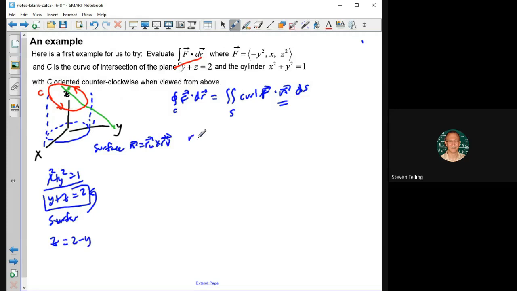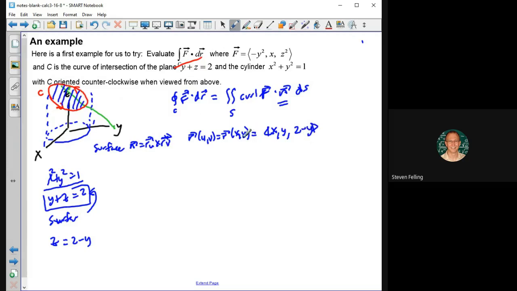So a convenient parameterization would be to have our u, v be x and y. Let x stay x, let y stay y, and then z has to be 2 minus y. Okay, so there's a parameterization for the surface, the surface that's being enclosed, this part.